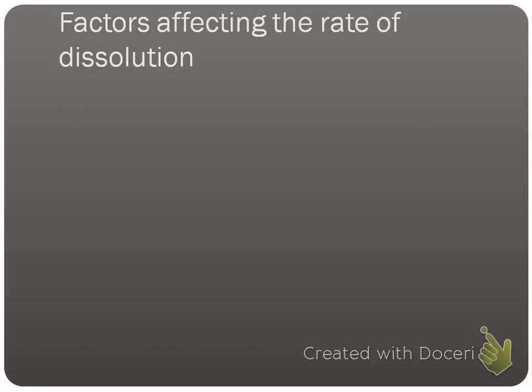We're going to talk about things that affect the rate at which something dissolves. Rate means speed. How quickly can you take a substance and mix it thoroughly to make a solution where you don't have any particles left over? So, there's three things we can do.